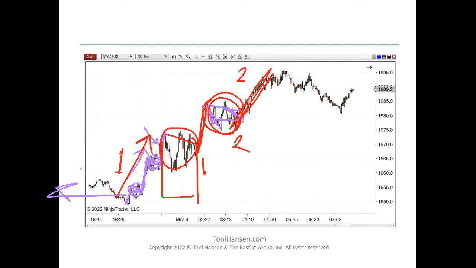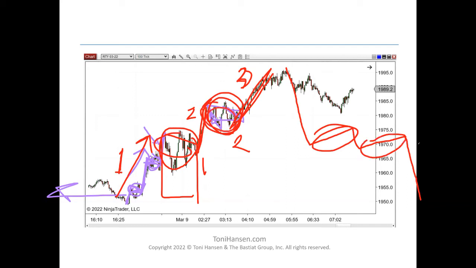You could count it as 1, 2, 3, but what can happen is that on the way down, this might come down into here and then go into 2 waves of correction like that, where here's our correction compared to here, here's our correction compared to here, and we only get 2 main legs down, and then this goes into a longer zone of congestion, or even reverses and flips back up at that point.